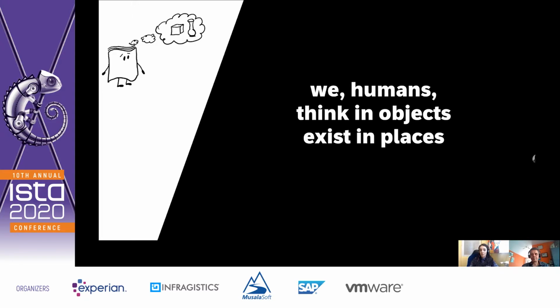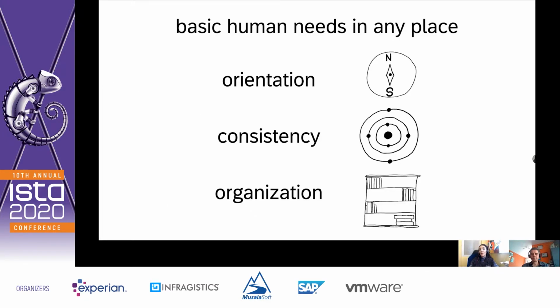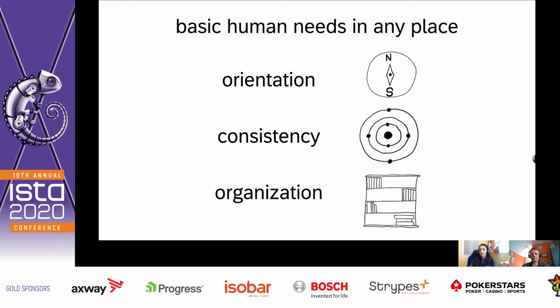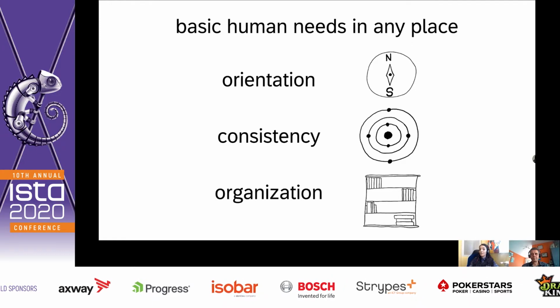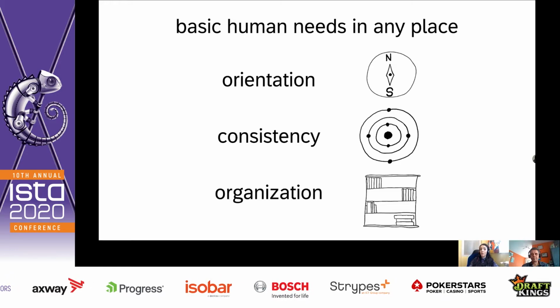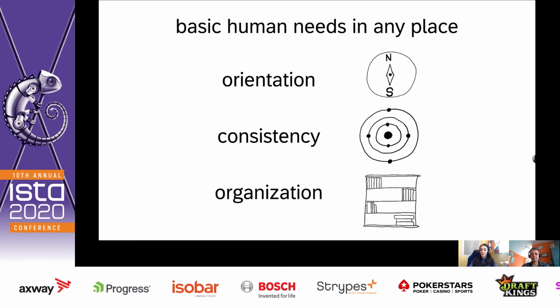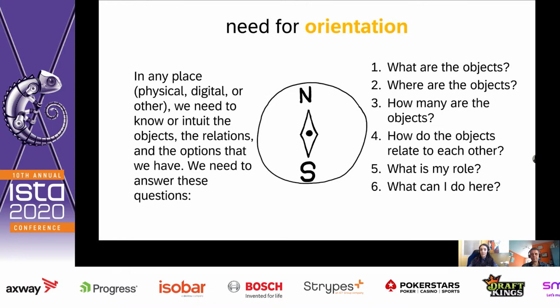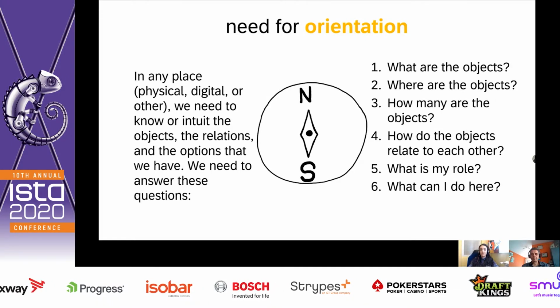And what does that mean? We have 3 basic human needs in any place: the need for orientation, the need for consistency, and the need for organization. And we're going to look into these needs in detail, starting from the need for orientation.